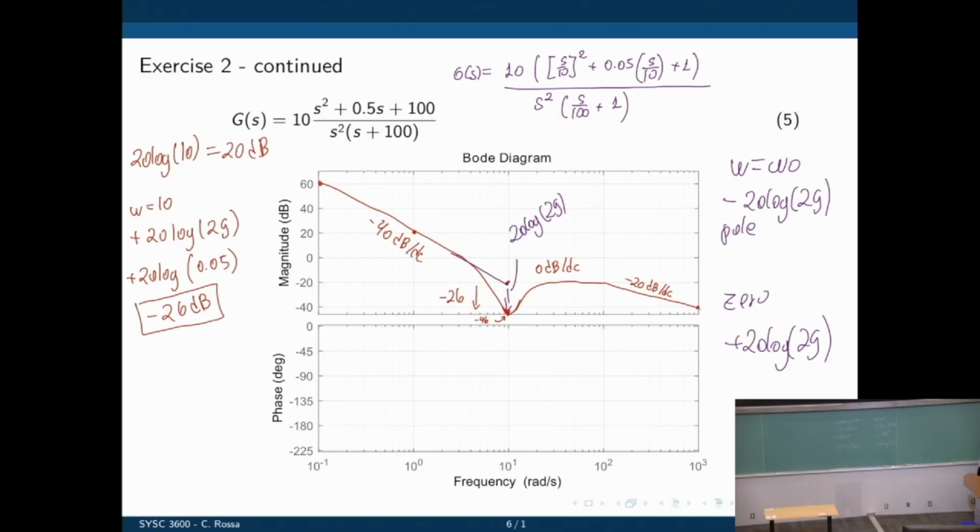Let's look at the phase. Where does the phase start? We have 2 poles at the origin, so the phase starts at negative 180.